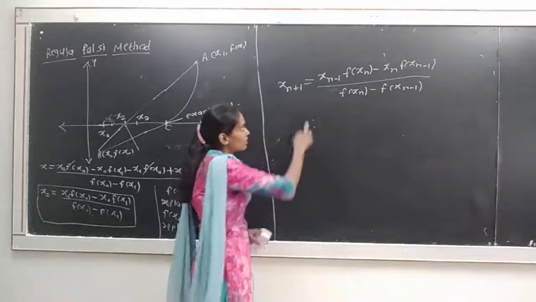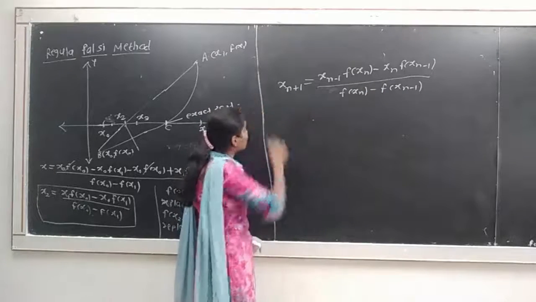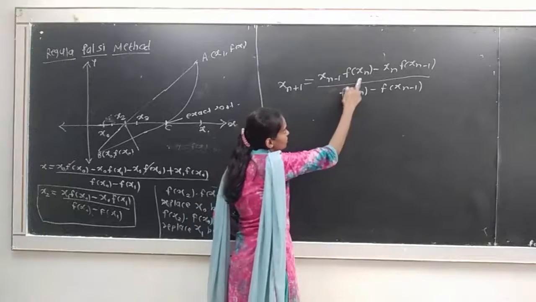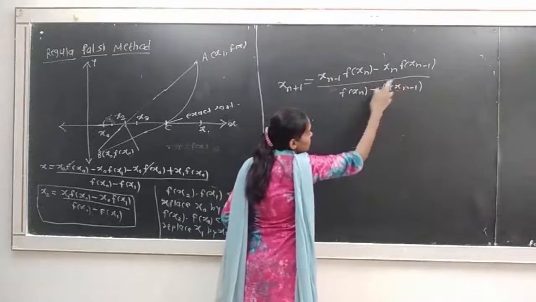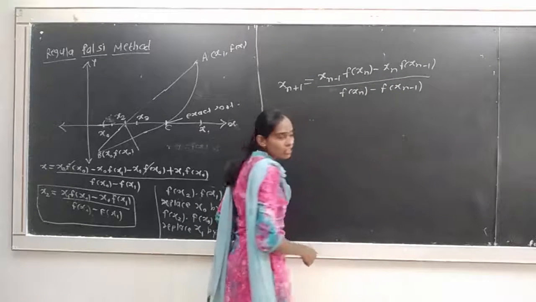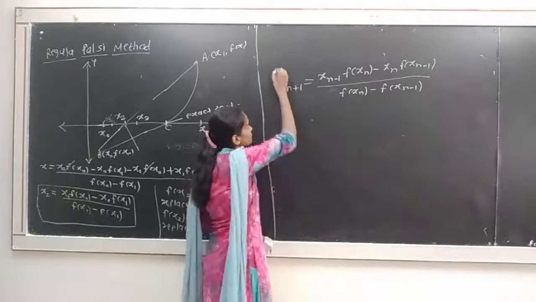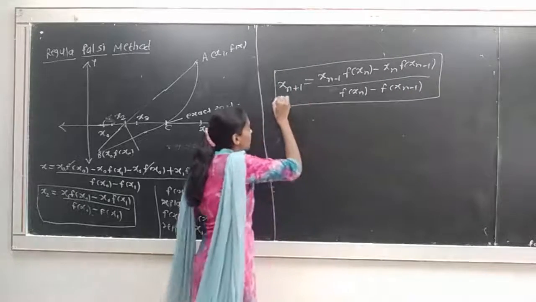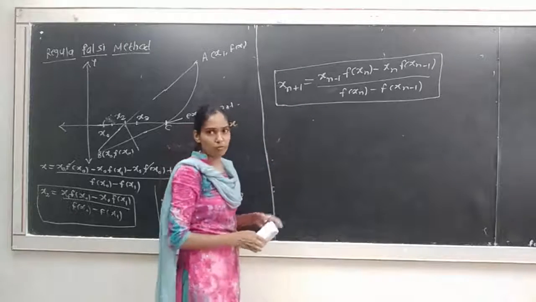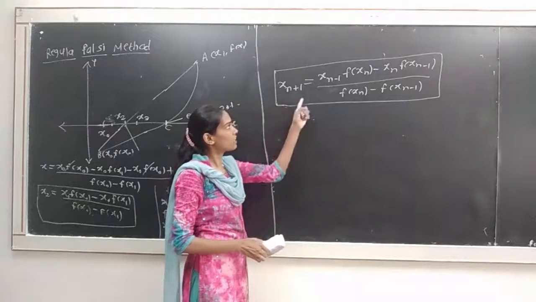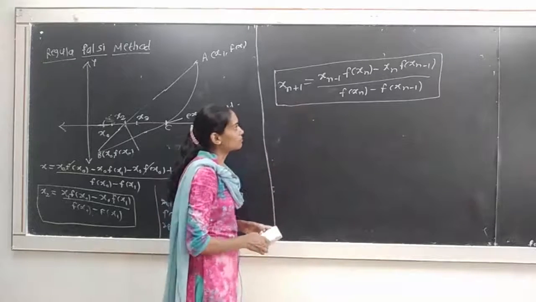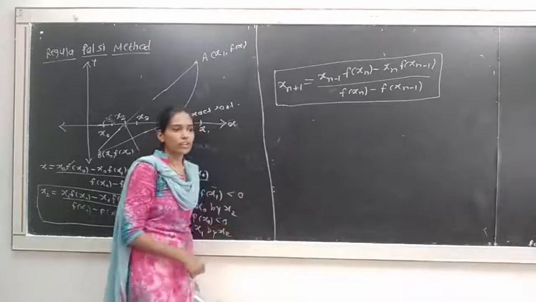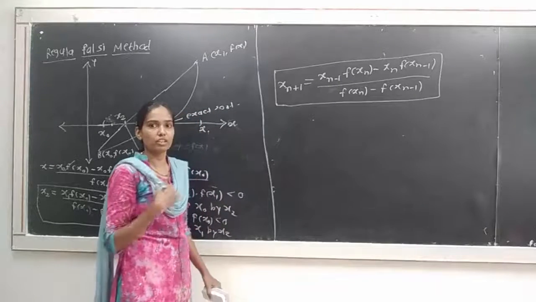We can learn this formula for the regula-falsi method. If a question is asked in the exam for 1 mark to write the formula for the regula-falsi method, then write this formula. Okay, then we see examples on the regula-falsi method to find the root of an equation.